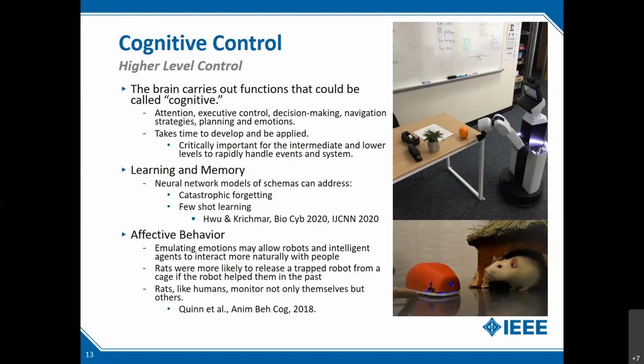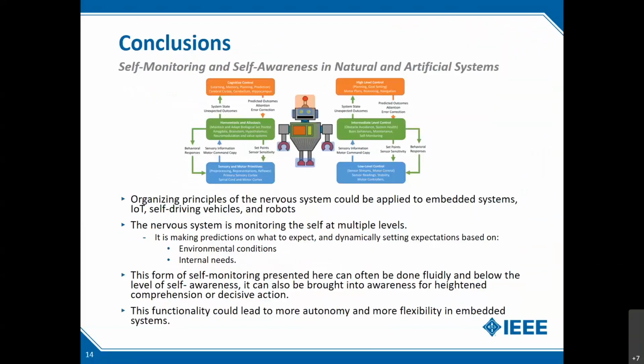One of the robots let the rat out of the trap, and the other robot just ignored the rat. When the robots were in the trap, the rat helped the robot that had helped it before. So it monitored not only itself, but had this empathy of who was helpful to me. That can also be applied to autonomous systems, especially interactive systems that are going to interact with people.